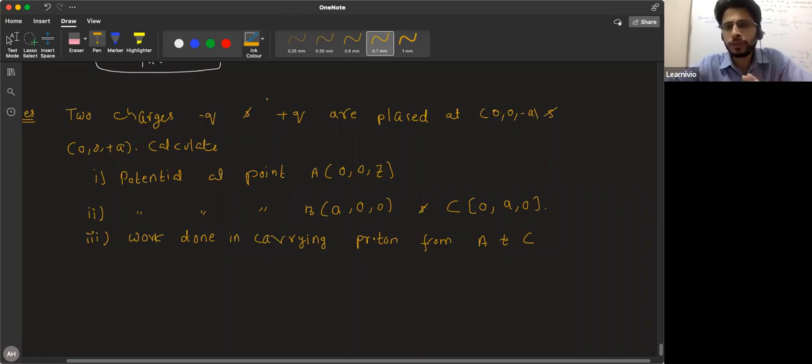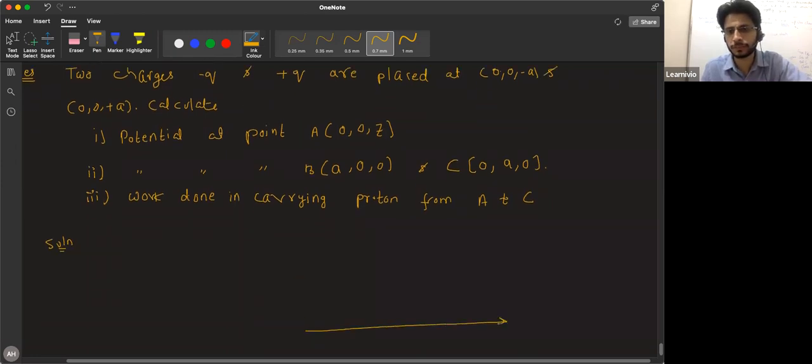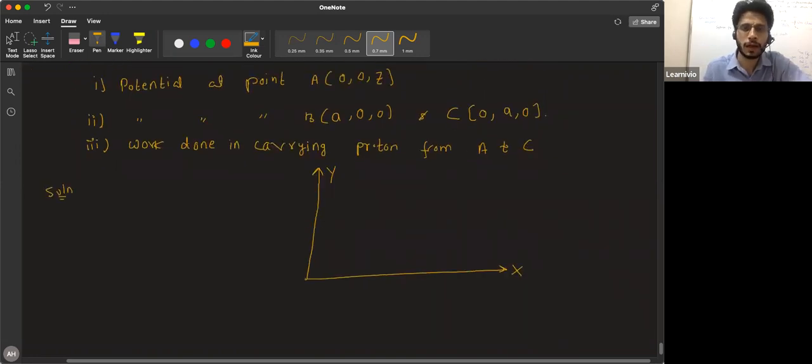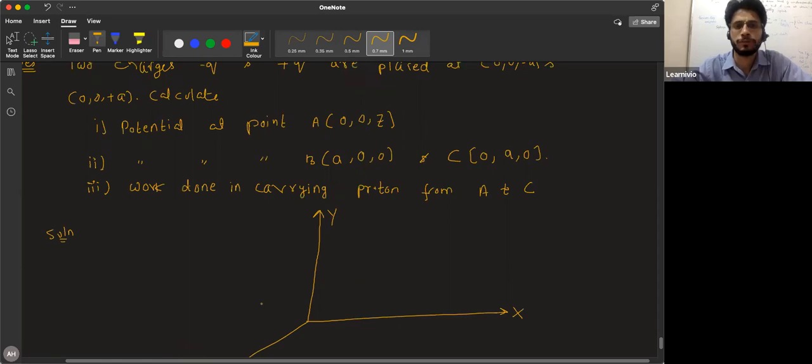Note down this question and try to draw a rough sketch. This is the x-axis, this is the y-axis, and this is the z-axis.